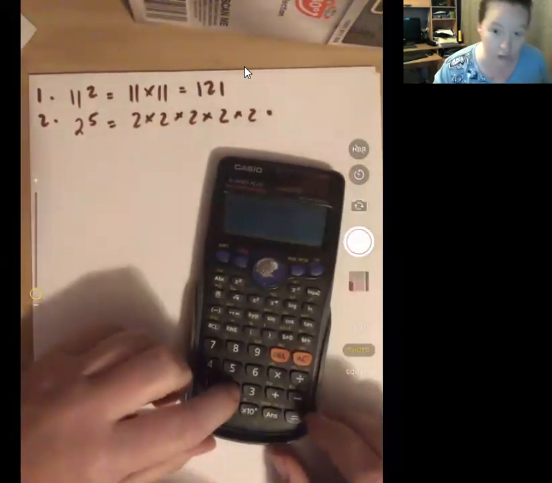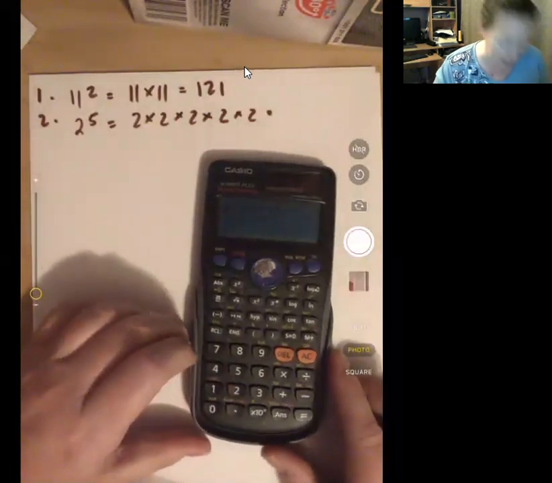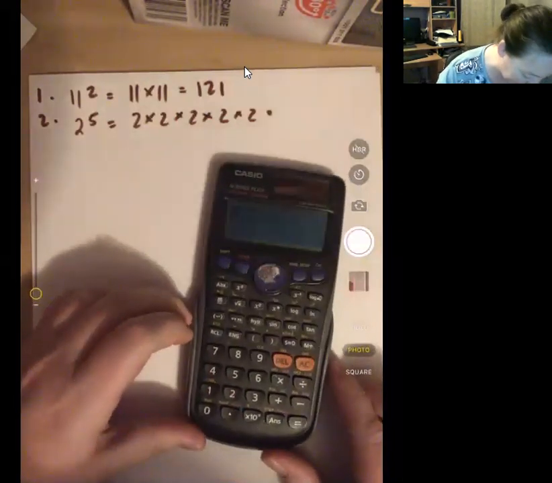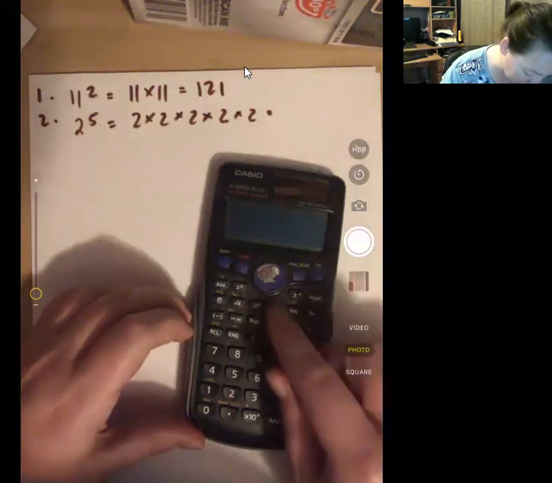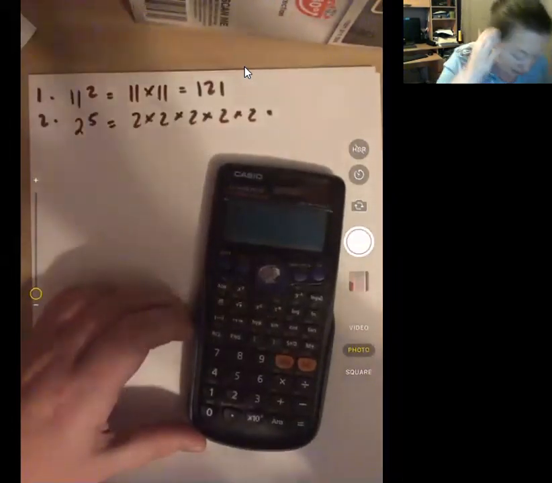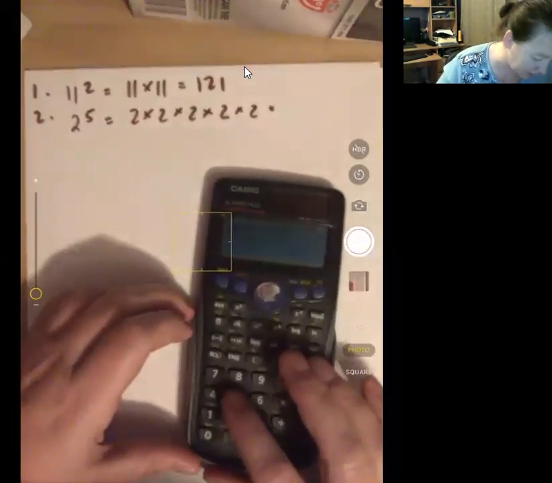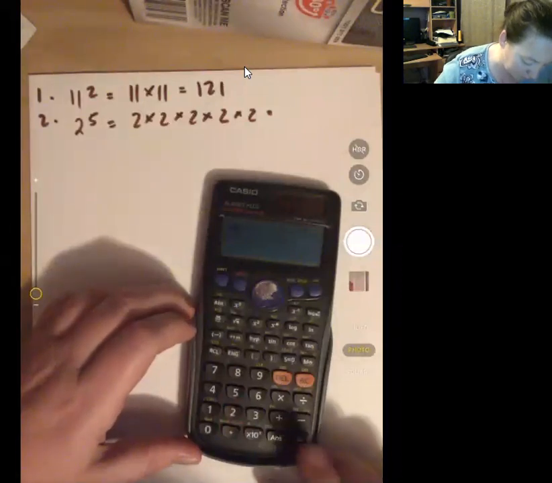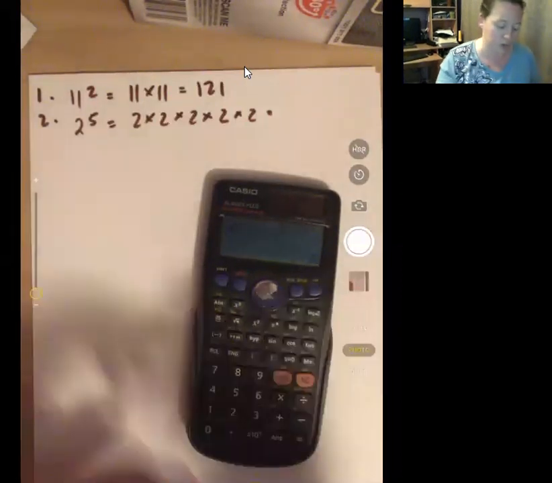We do the 2, and then we have a caret, which, I guess this one uses the x to the 5th power, and it is equal to 32.